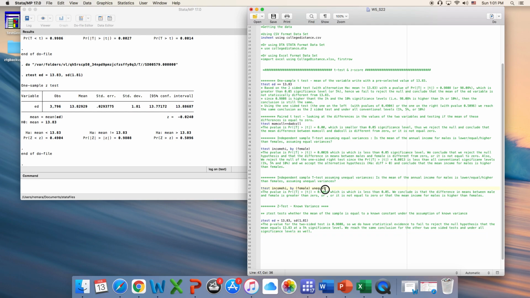When I add the word unequal, then I'm assuming unequal variances. And then we ended with the z-test with known variance, or known standard deviation. In a question, you will be given the mean and the standard deviation. You just plug it into this command. Okay, so I'm going to stop here and I'll send you another video next week.